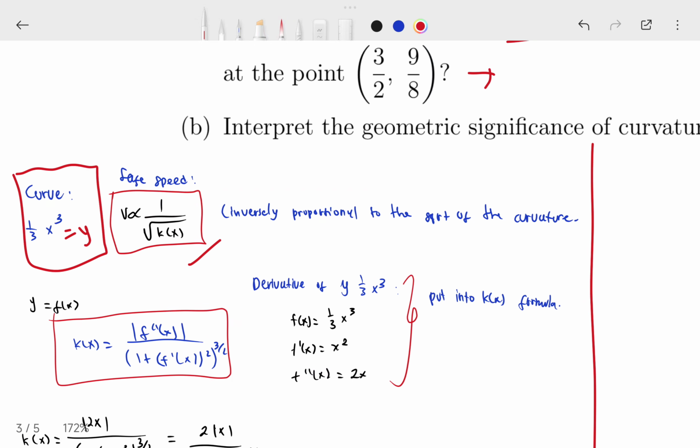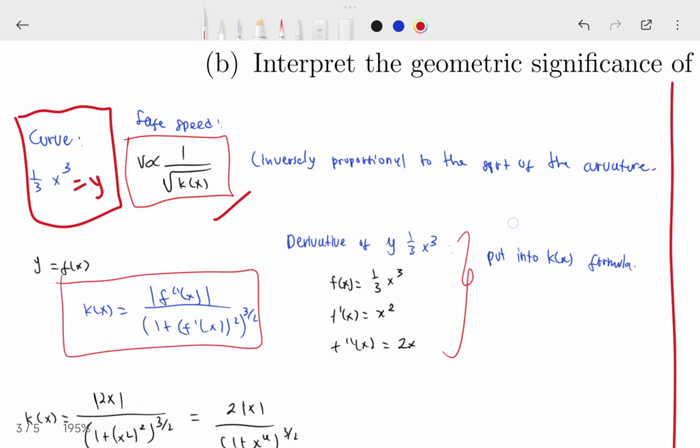Let's find the derivative until we get the second derivative of f, because we need the second derivative to compute this formula.